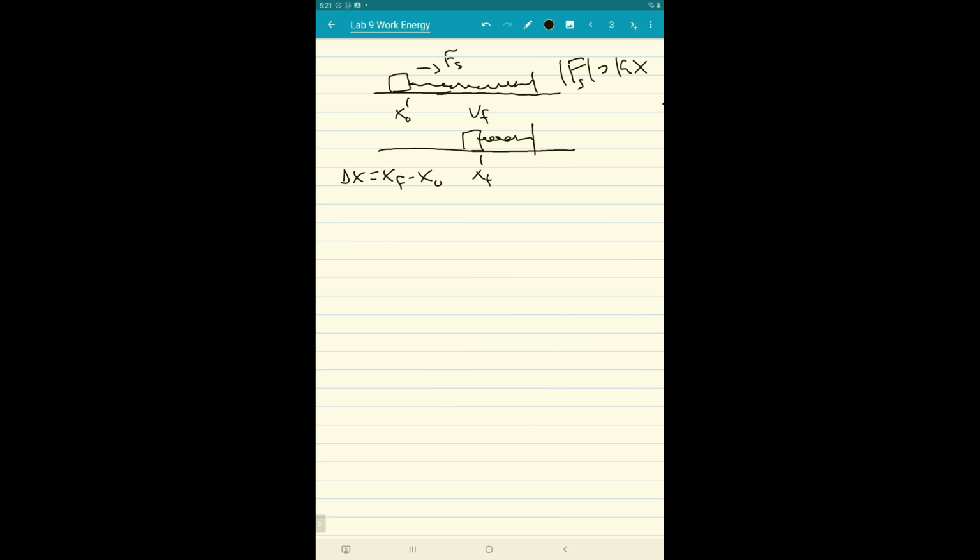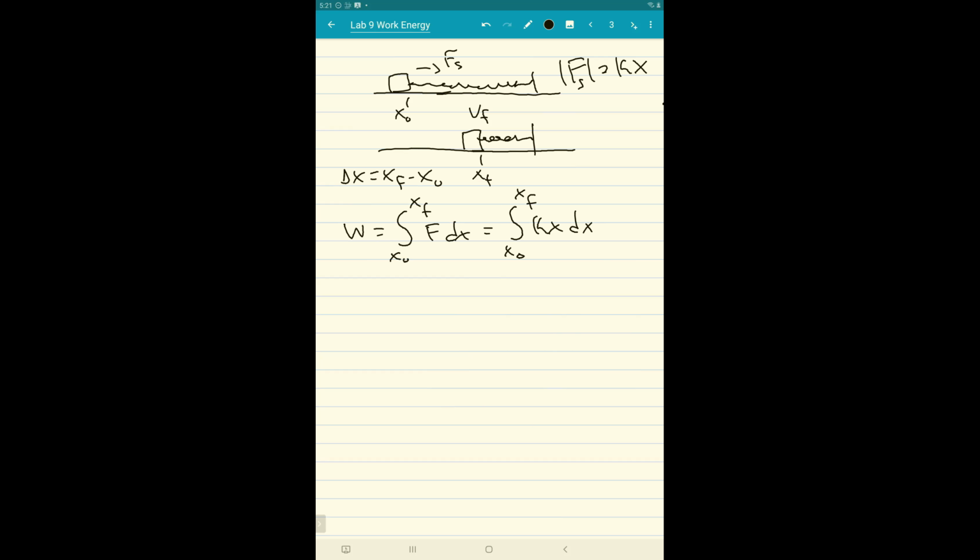So here we actually want to think about the integral, because we are integrating from x naught to x final of our force dx, but our force is actually a function of x. So this is going to be integrating from x initial to x final of kx dx, right?